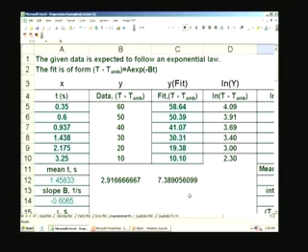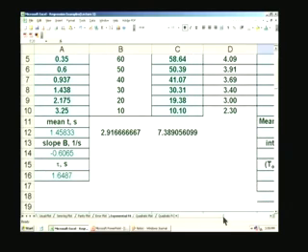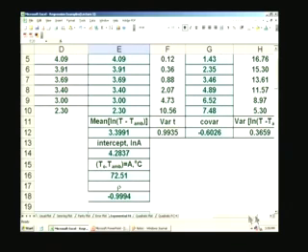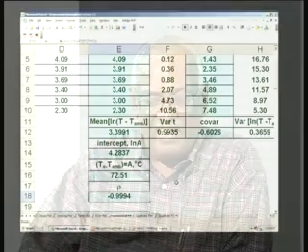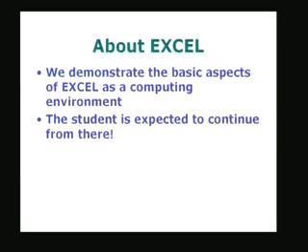Of course, the other possibility is to just find out whether the correlation coefficient is good or bad, and that is another thing which we can do. In fact, I have calculated the correlation coefficient also. It is minus 0.9994, the negative sign because there is a decreasing trend as I have already indicated earlier, and this is another indication of how good the fit is.